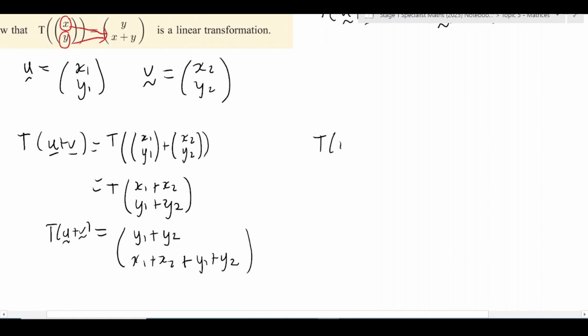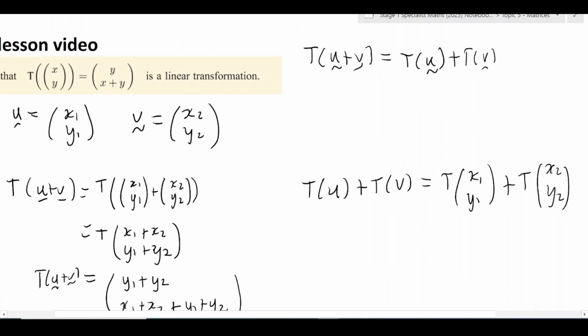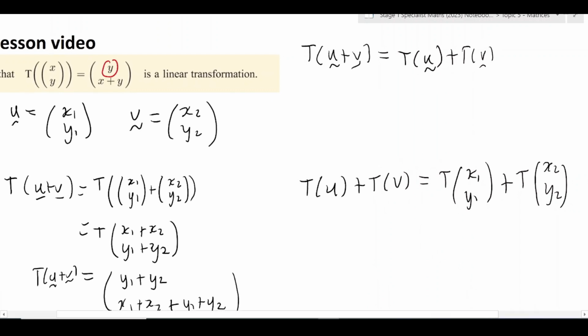Next thing we need to work out is T of u plus T of v. And what this means is T of u is x1, y1, and v is x2, y2. So let's just see what T does. T is this transformation. To get the top entry, you have to get the bottom thing and move it up.